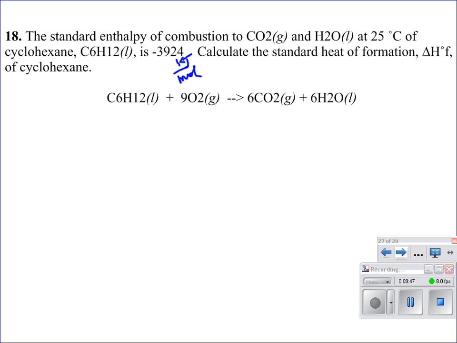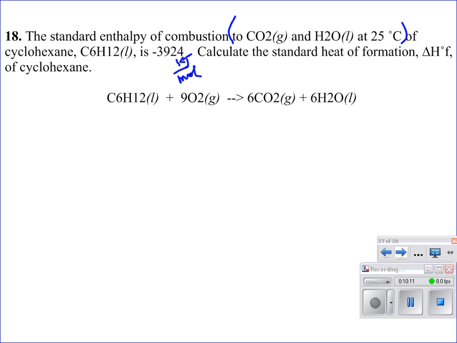Now, one thing about this, I don't want you to freak. I want you to put a parentheses around the 25 degrees Celsius, kind of ignore that, because we know when we combust cyclohexane what we get, right? So just read it. The standard enthalpy of combustion of cyclohexane is -3924. What does that mean?